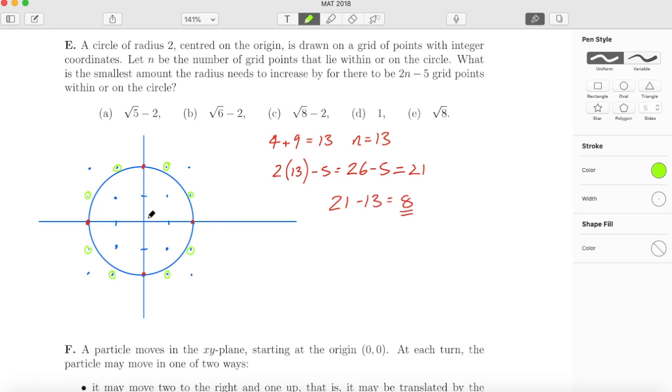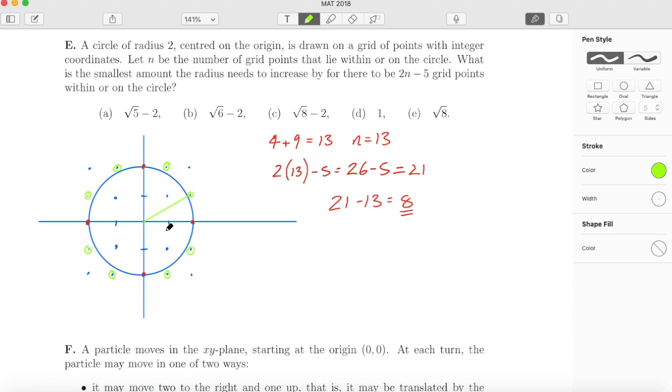So actually what this question is asking us is, what is this distance? And obviously we will know the radius, so we can work out just the tiny little distance that the circle needs to increase by to actually get these points onto the radius. So we can do that now.